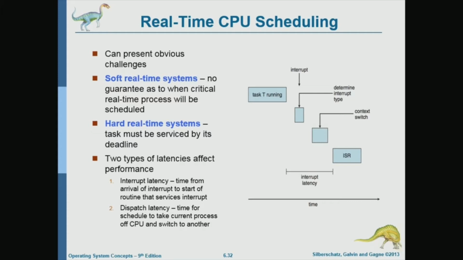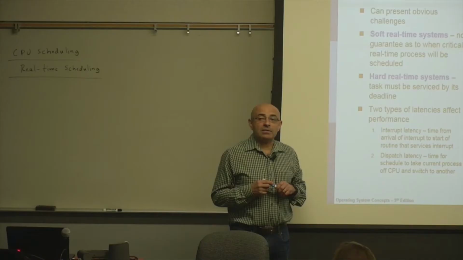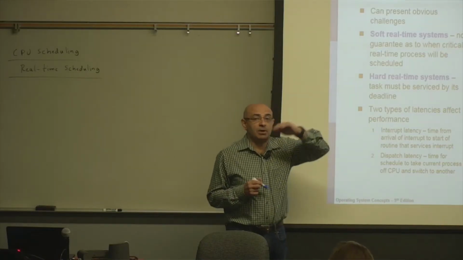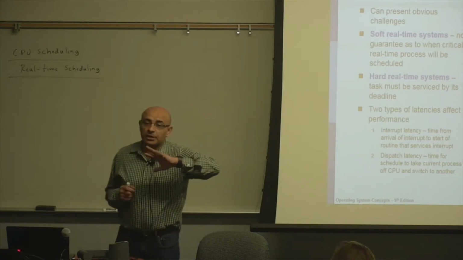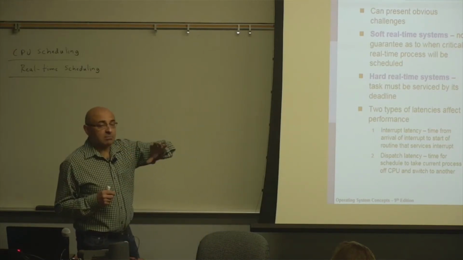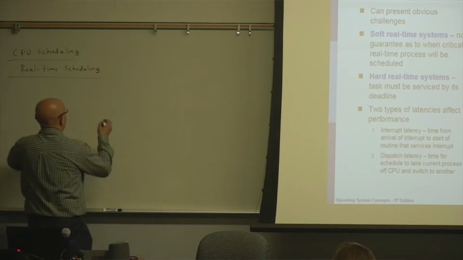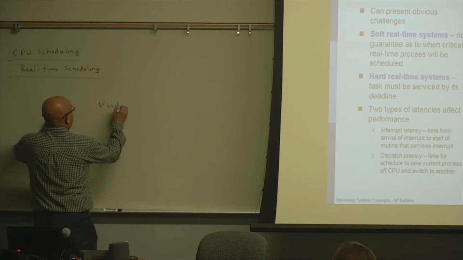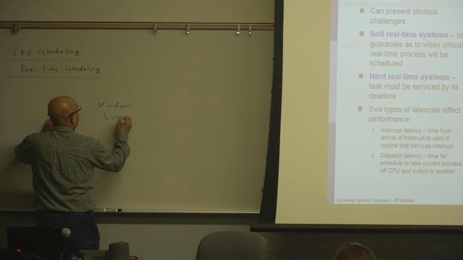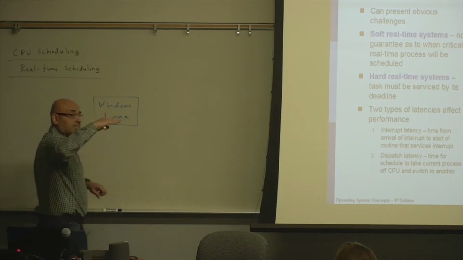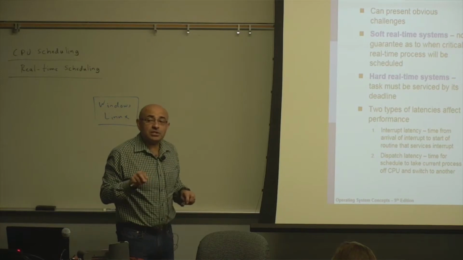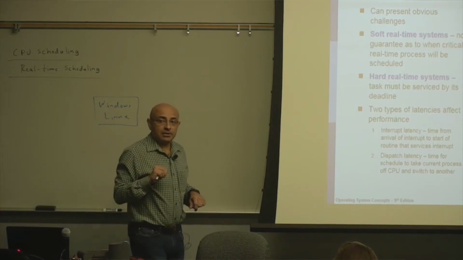usually we don't have hard deadlines. So all we need is a priority-based scheduling system in which some processes get the highest possible priority. And that's where some general purpose operating systems, including Windows and Linux, support a real-time priority to be just the highest priority in the system.